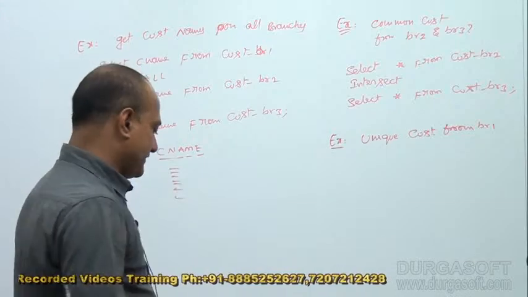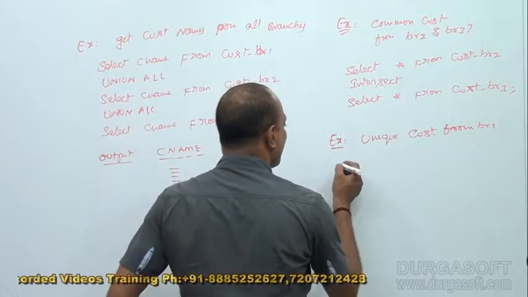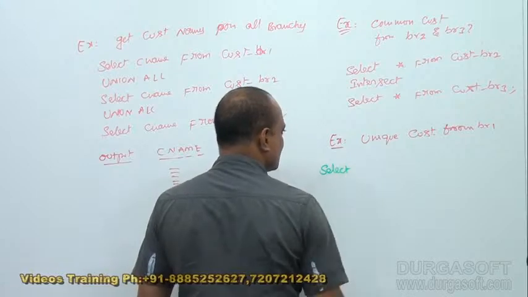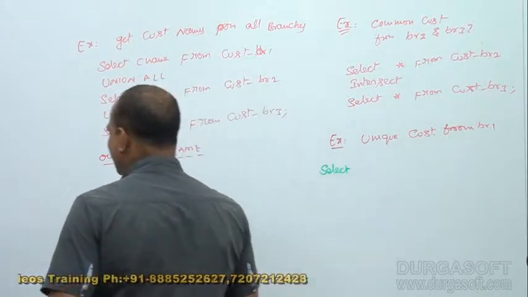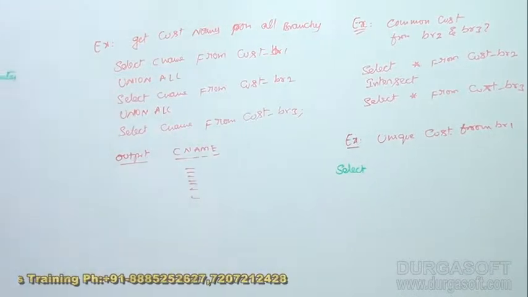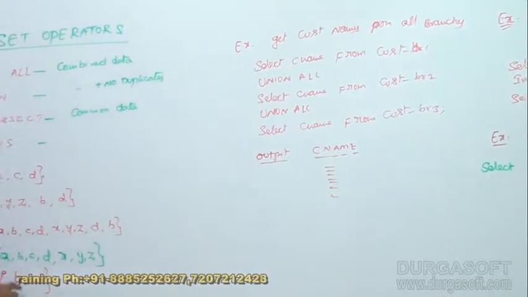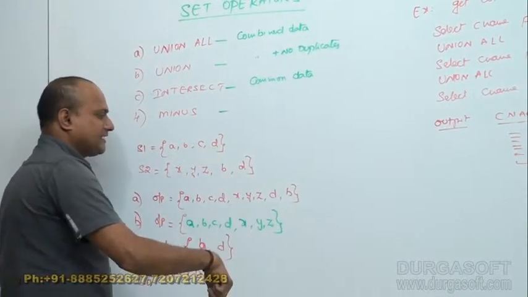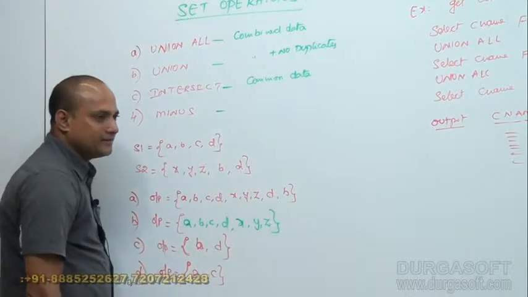Then how should I get it? Say here the minus operator. It only gets unique values from the first set. If any value repeats in the rest of the sets, the value will be eliminated.